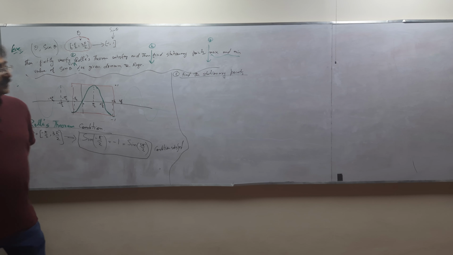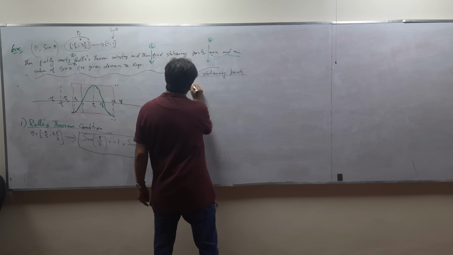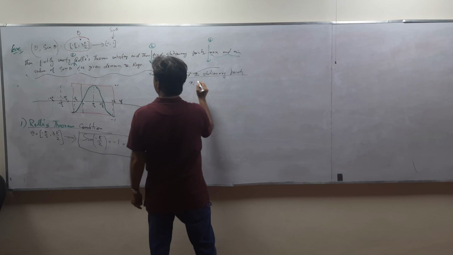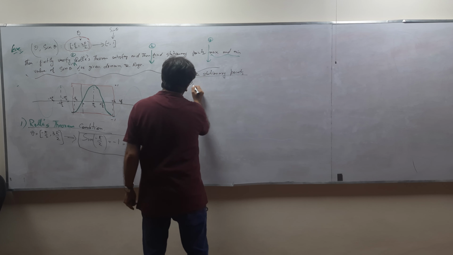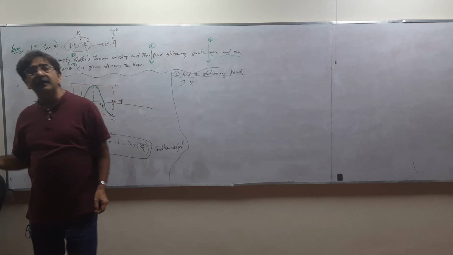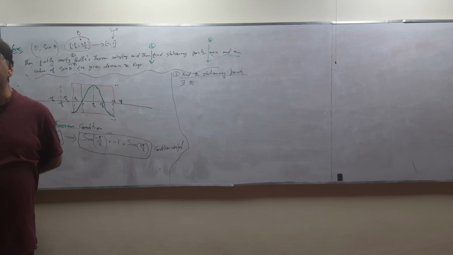The first derivative condition is that there exists a point in theta. You must write theta, not xi, because I am not using xi. But if you find it complicated, you may use x.